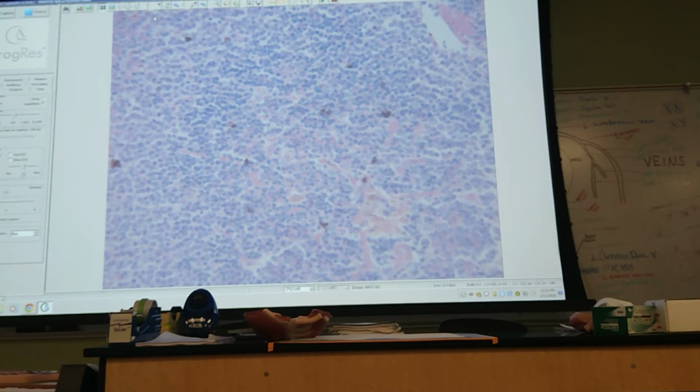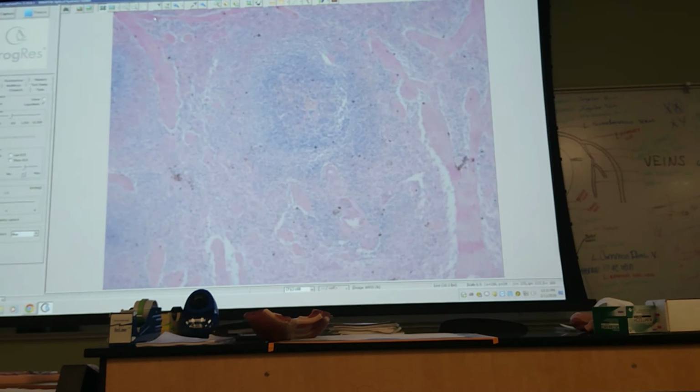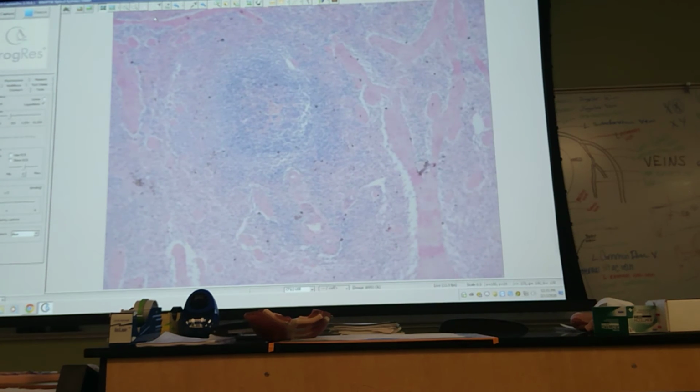Okay? Now, in addition, there's another feature. All right, well, there he is. That's a good example. In addition, these splenic corpuscles have a structure called a central artery. Pink circles inside nodules, which are specific structures.